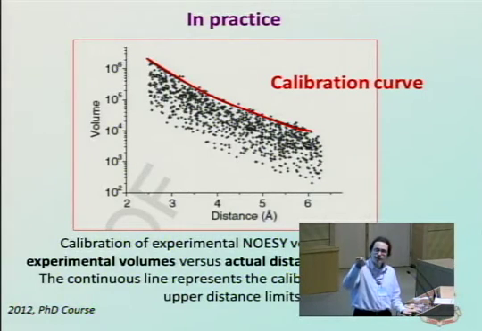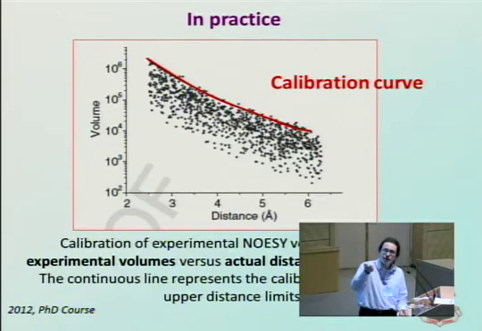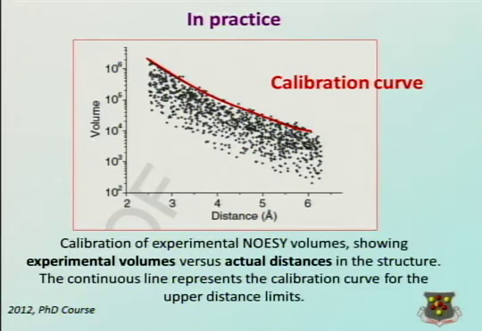So we call this the calibration curve, and the idea is that if you have a structure and you have real distances, so this is kind of a simulation, but you have different dynamics, your volume can actually span a relatively large range of values, your intensities, at fixed distance because of these various effects, plus the experimental error, of course.